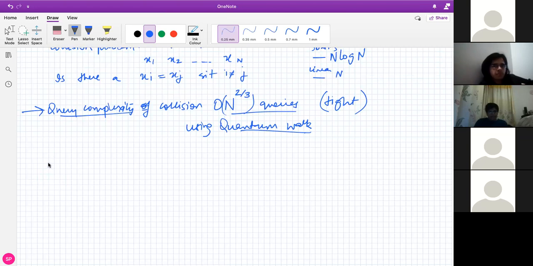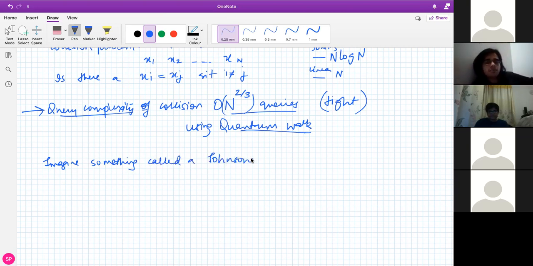Now, imagine something called a Johnson graph. Here, the graph is of this kind. This graph is parameterized by two things, n and r.